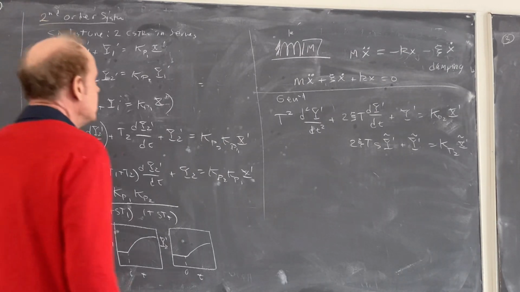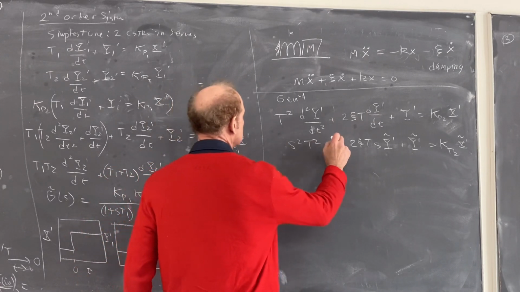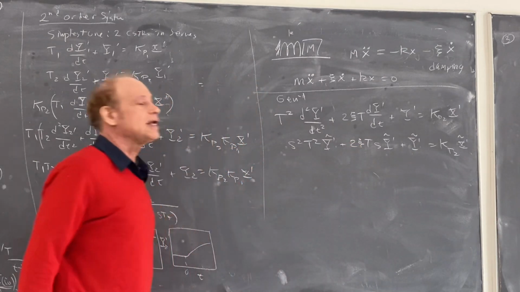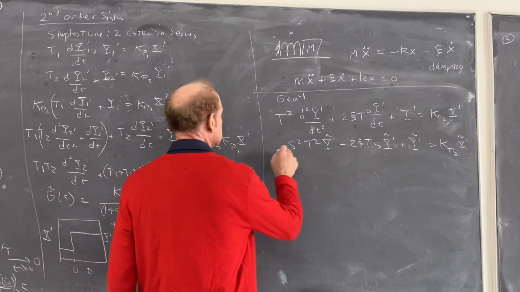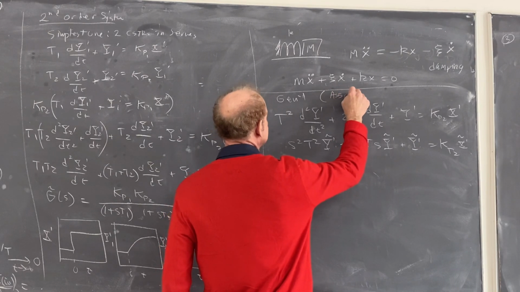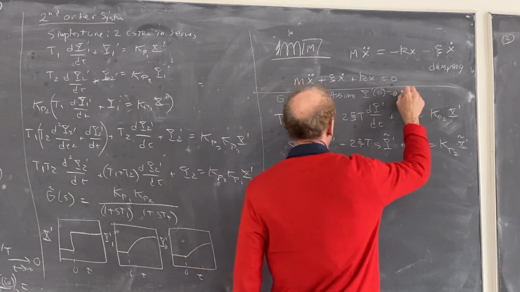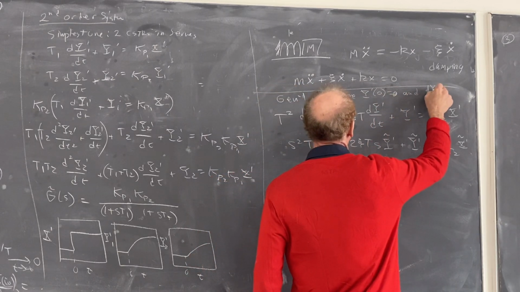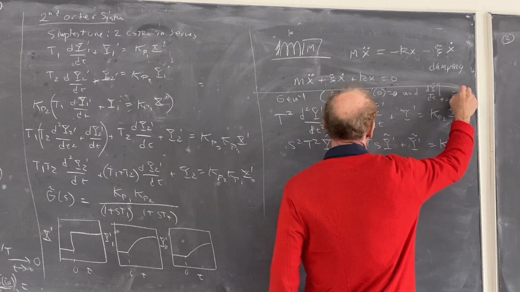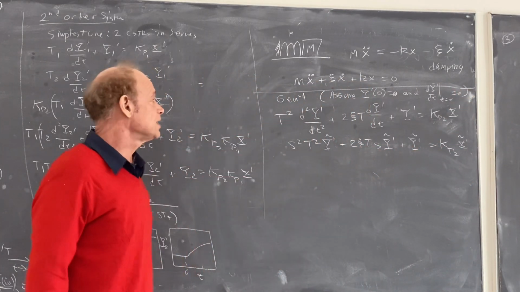In that case, each of these is going to give me an s squared. Now that's because we assume, or we set up, that y prime of 0 is 0, and dy prime dt at t equals 0 is 0. So that way I don't have initial conditions coming in.